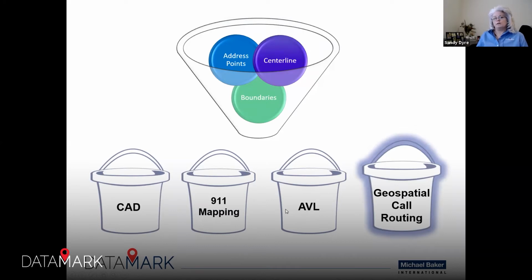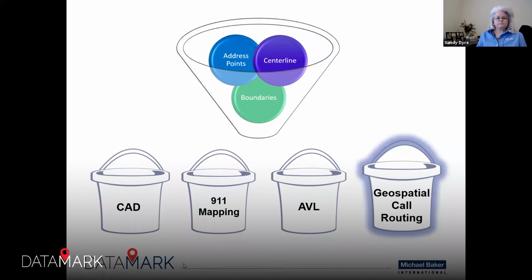And then as well with next generation 911, the GIS now becomes a part of the 911 network itself. In next generation 911, we will utilize geospatial call routing. And at the heart of the 911 network, when a 911 call is placed, it will use GIS.